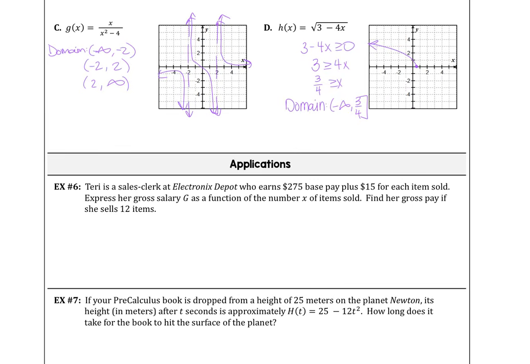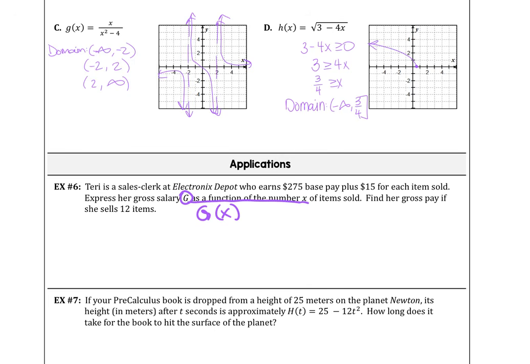Okay, applications. Terry is a sales clerk at Electronics Depot who earns $275 base pay plus $15 for each item sold. Express her gross salary G as a function of the number X of items sold. Find her gross pay if she sells 12 items. Okay, so G of X, that's what this means.